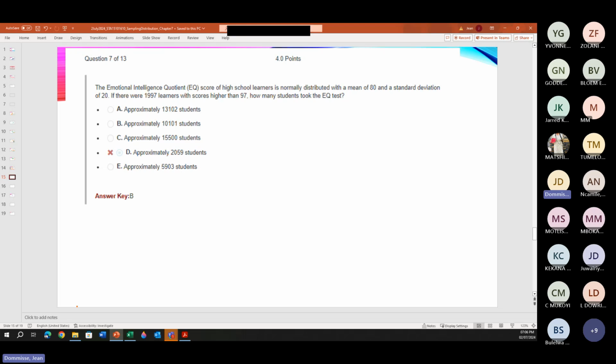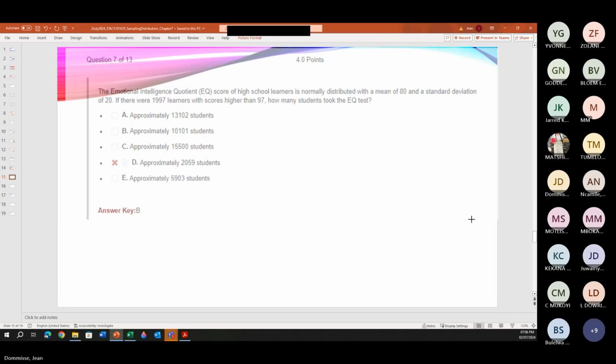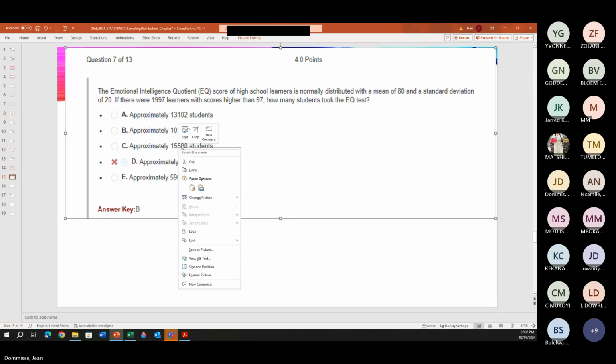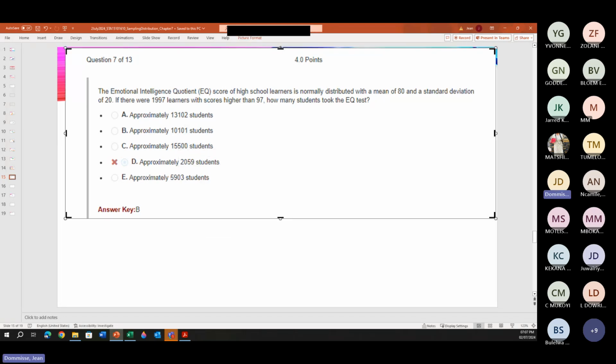Okay, so this is very similar to the one we did in study unit 6 as well. Let's just crop a bit.